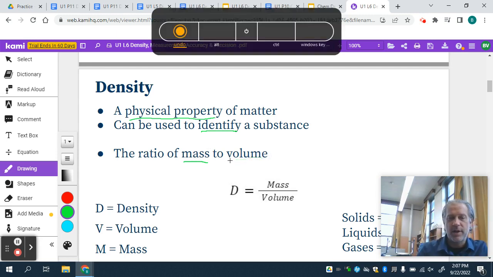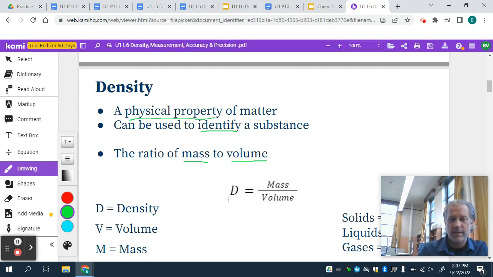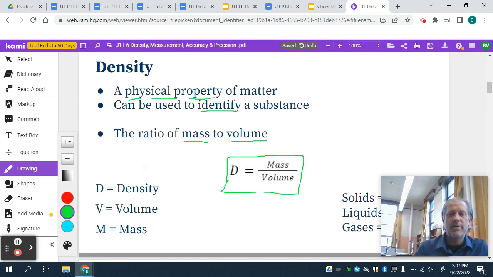And the formula for density that we are going to use in this class is density is equal to mass divided by volume. So you're going to want to copy this down. Now, in this class, the masses that we're going to use are often going to be in grams. The volumes will often be in milliliters if it's a liquid, or they could be the cubic centimeter if it's a solid.